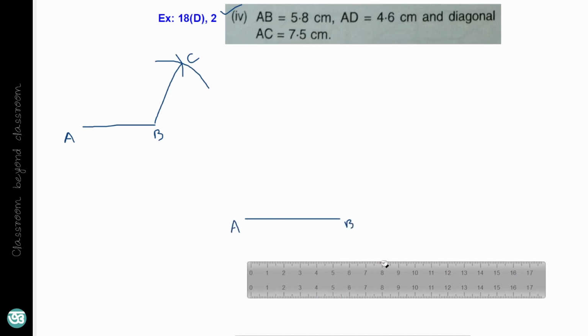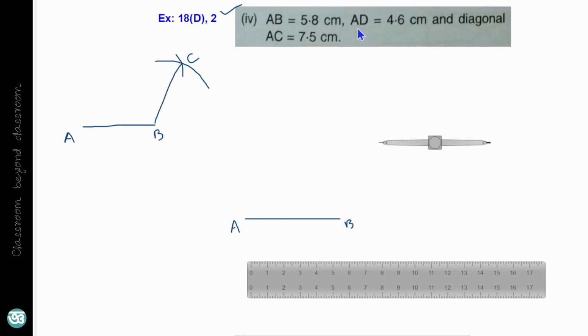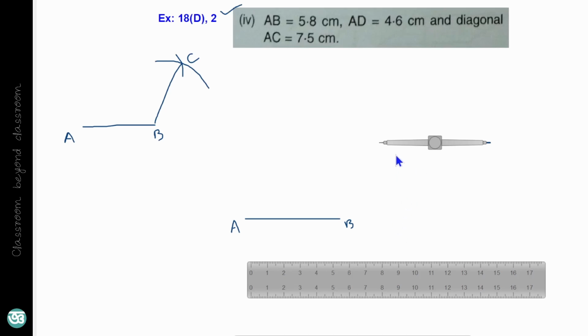Now for point C, we'll construct BC, and BC is equal to AD because this is a parallelogram, that is 4.6 centimeter. This is 4.6 centimeter. Let us draw an arc.